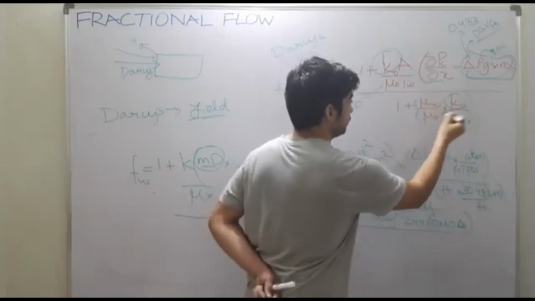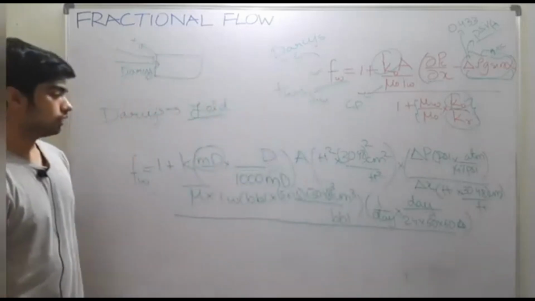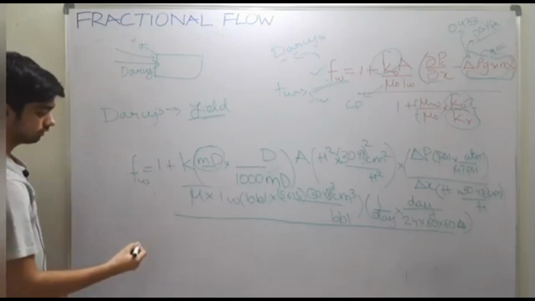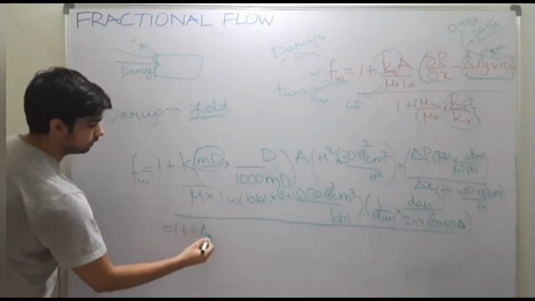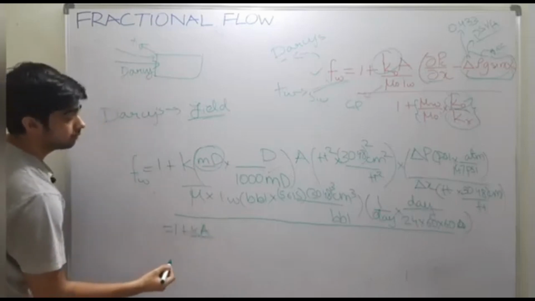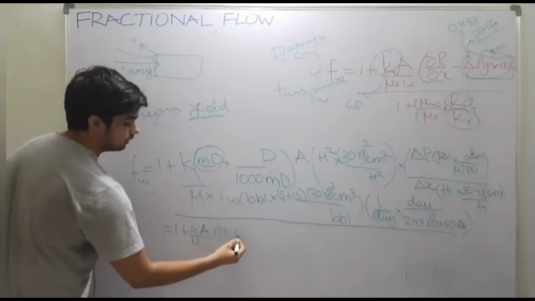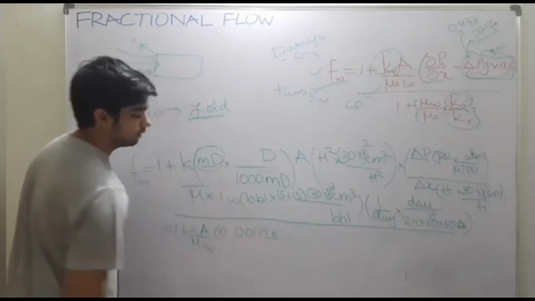It is the ratio in both cases. So once you use your calculator effectively, you will obtain 1 plus Ka by mu into Iw into 0.001126 something.